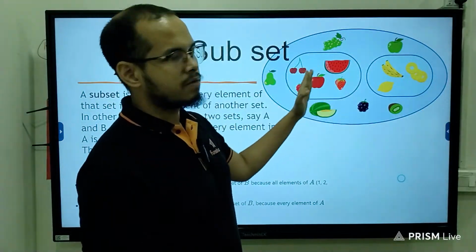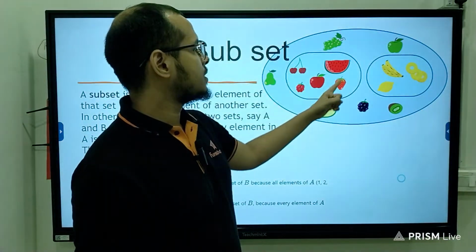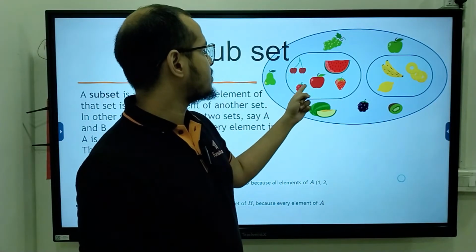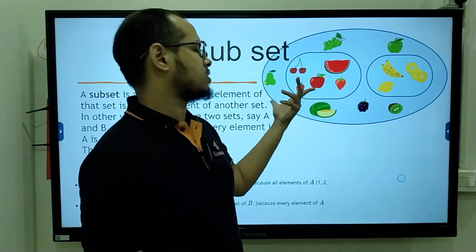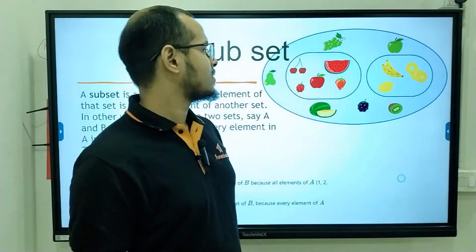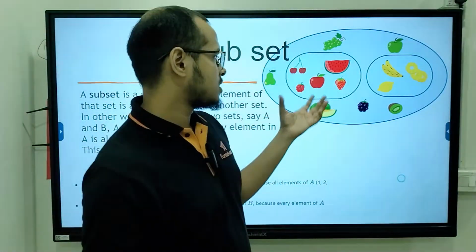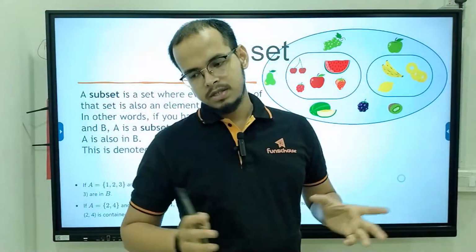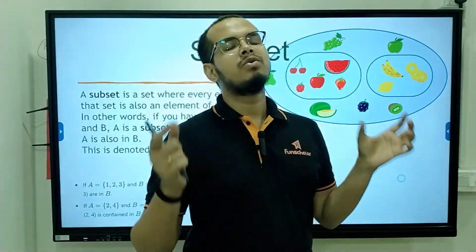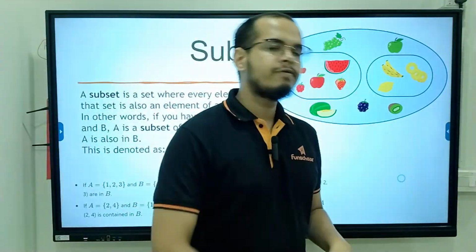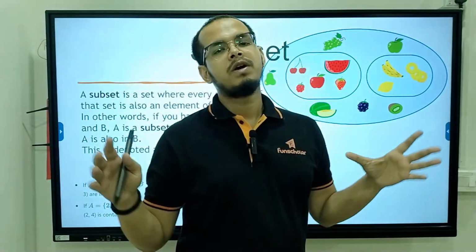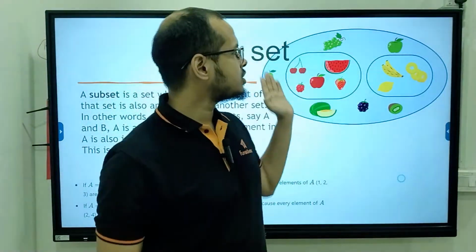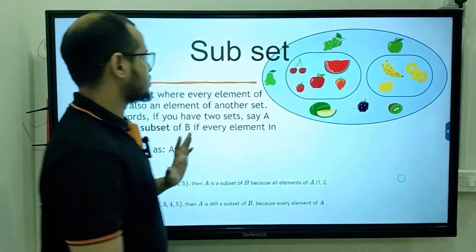Similarly, I have taken some fruits that are red in color, like watermelon, strawberry, cherry, apple. Red fruit is a set, and yellow fruit is another set. They are disjoint to each other, but all of them are subsets of the total universal set of fruits. Each of them is a fruit, right? This is what is known as a subset.